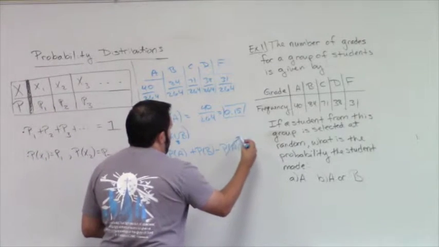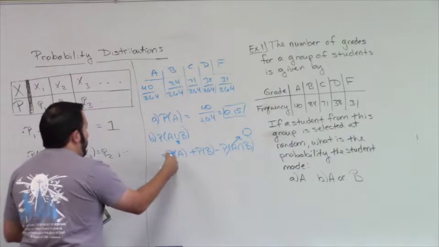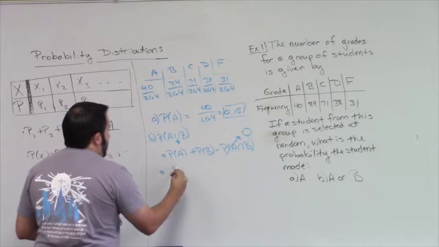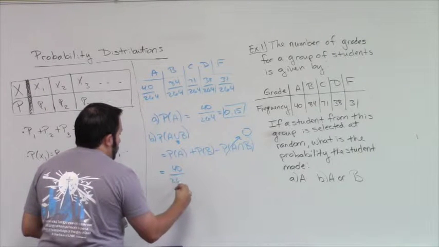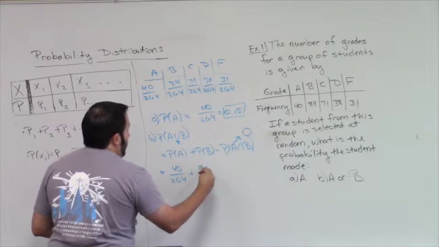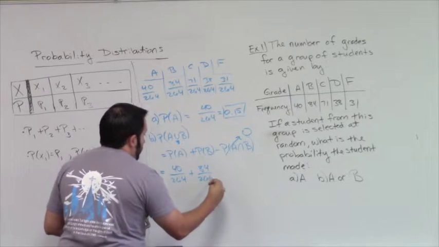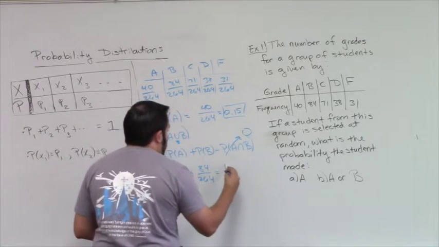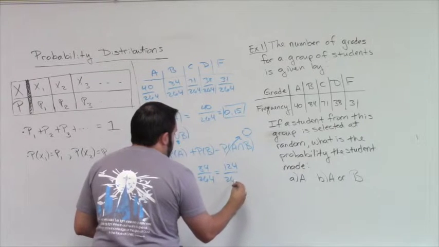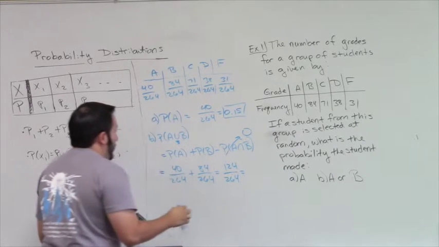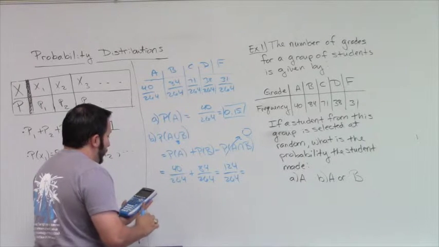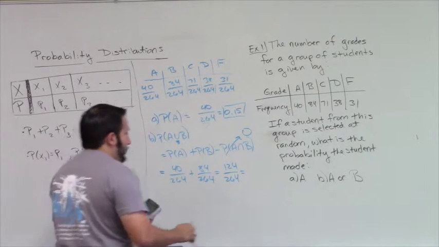Usually, no. So you're just going to do the probability of A plus the probability of B. So we get 40 over 264 plus 84 over 264, which is equal to 124 over 264. Let's put that into our calculator: 124 over 264 is about 0.47.